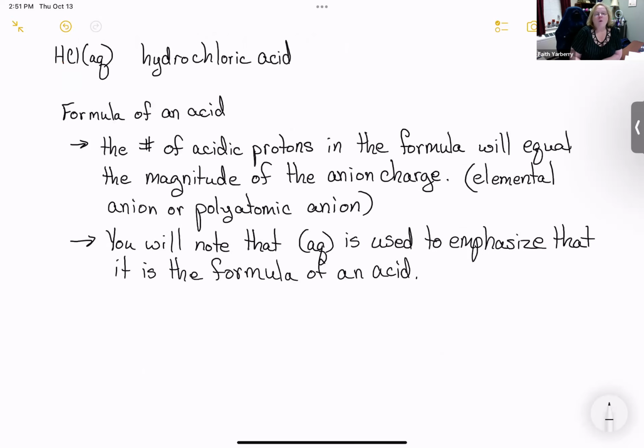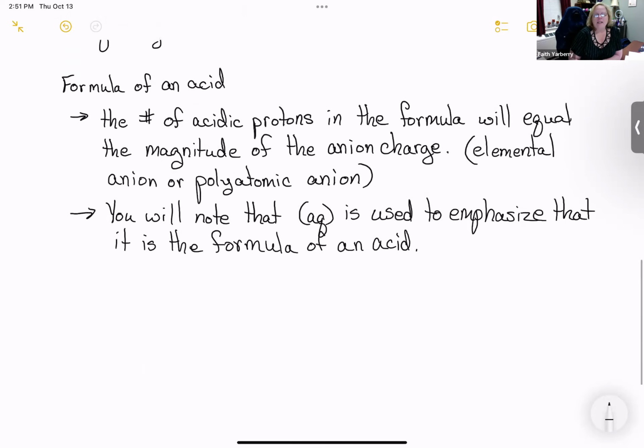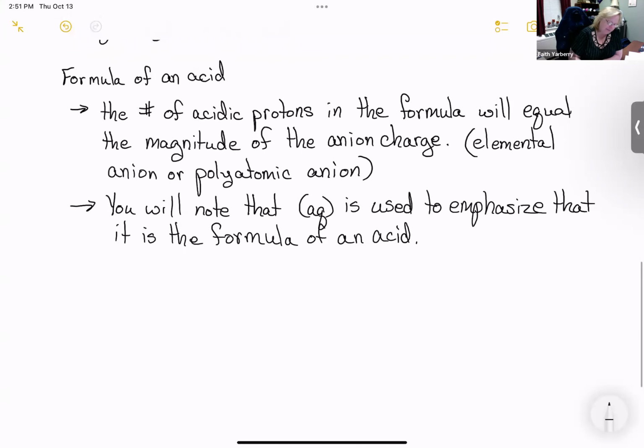Okay, so that's the formula of an acid. Now let's talk about the name of an acid.